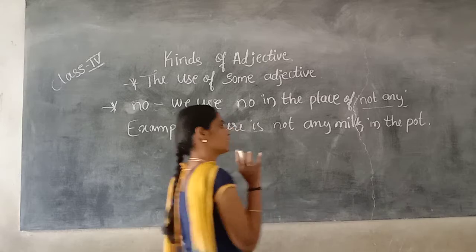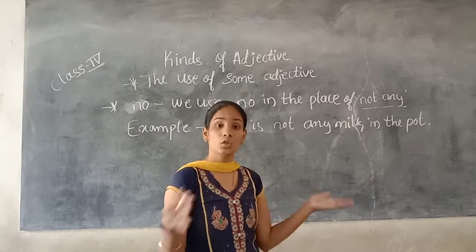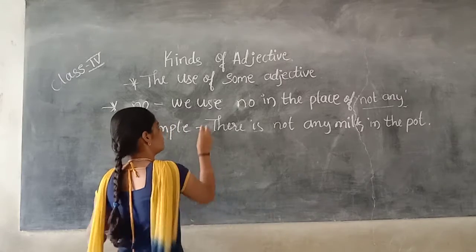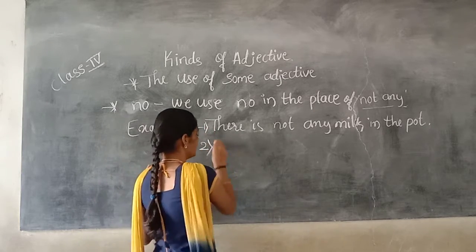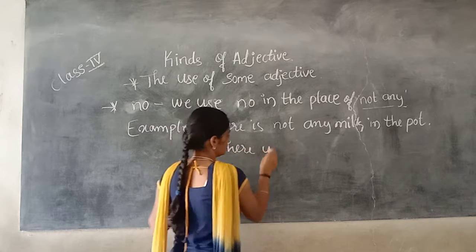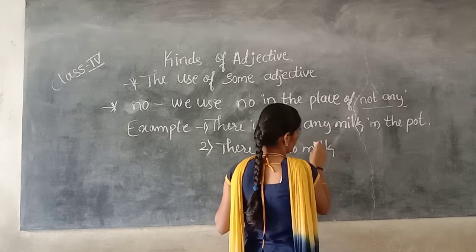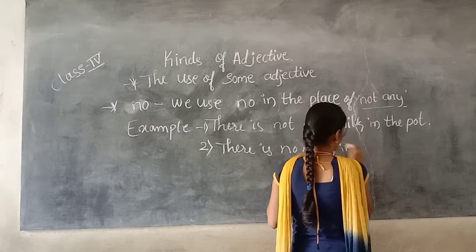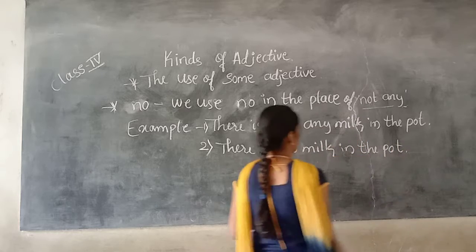This also gives the same meaning, that the pot contains no milk. And this sentence we can say in a different way, that is, there is no milk in the pot.